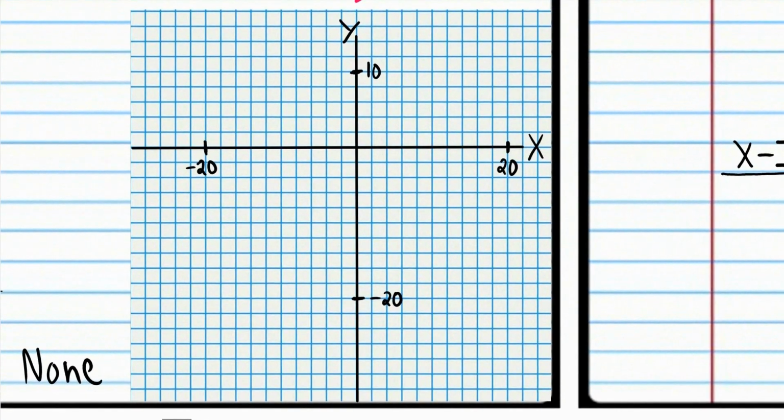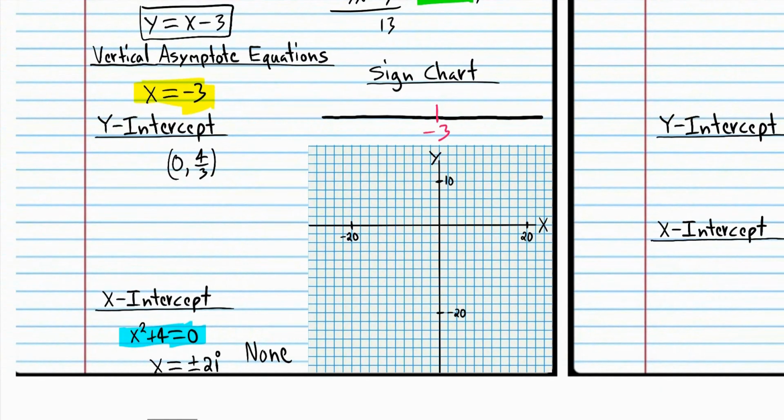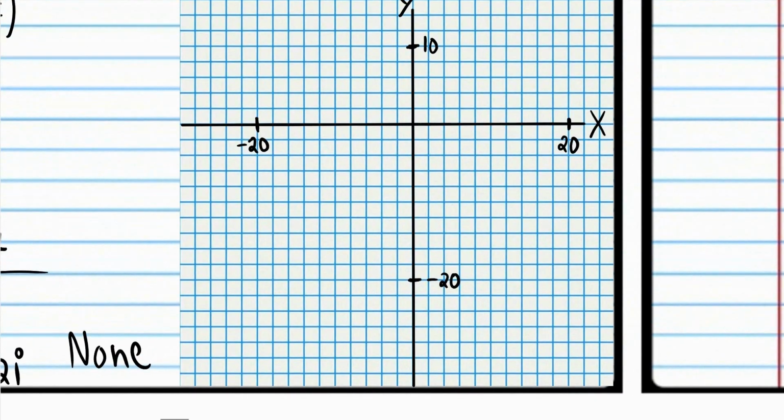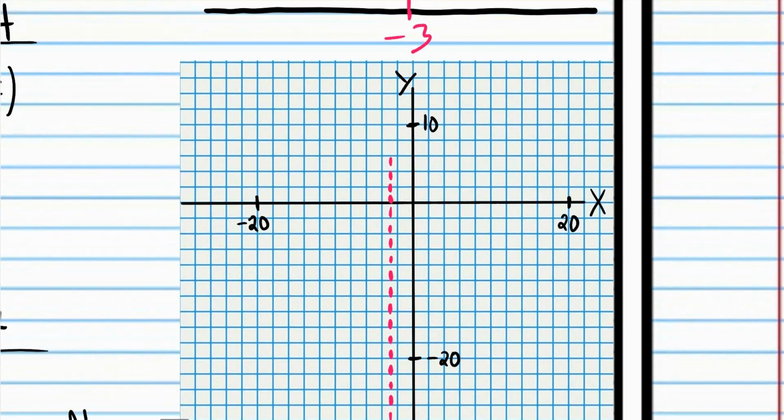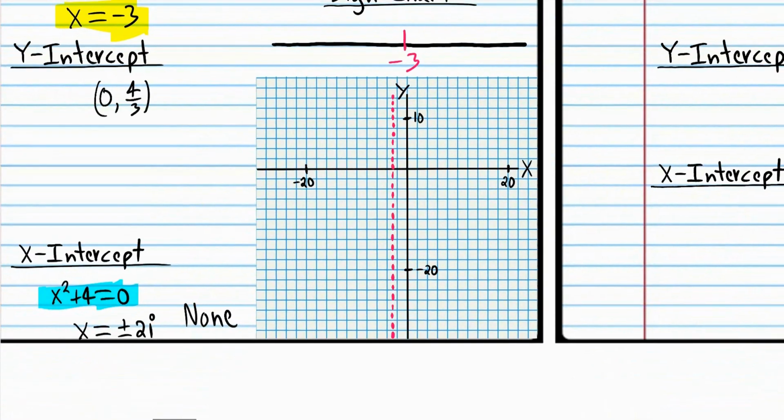Now notice on this graph that every square represents 2 units, so be aware that sometimes that can happen. So we have a vertical asymptote at x equals -3, so that's going to be right here. Again, every square represents 2 units just on this particular graph.